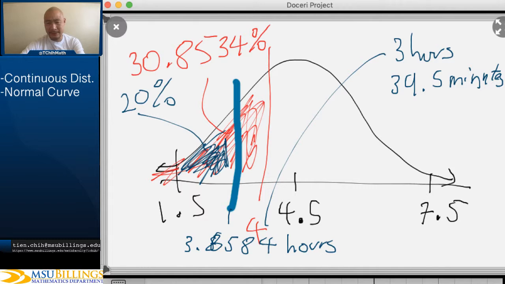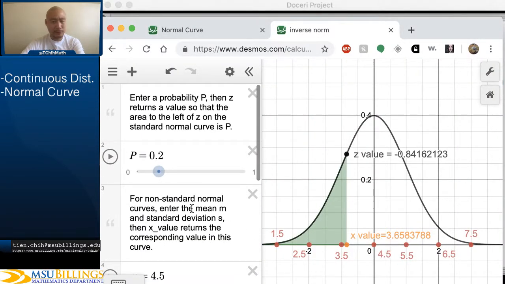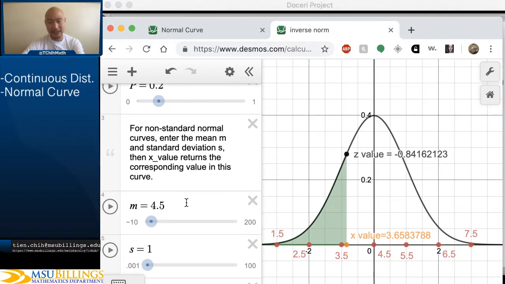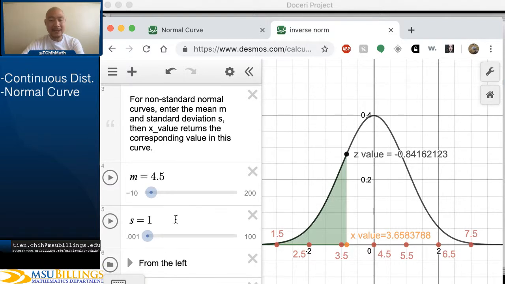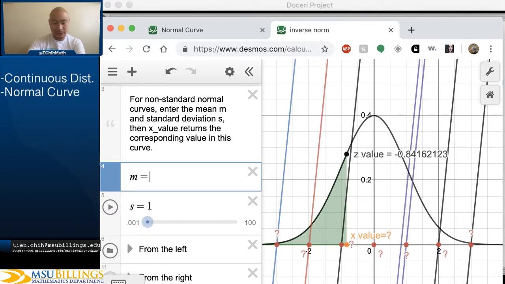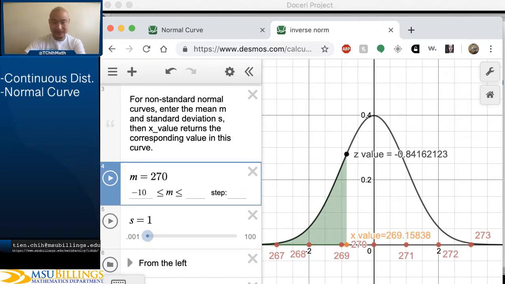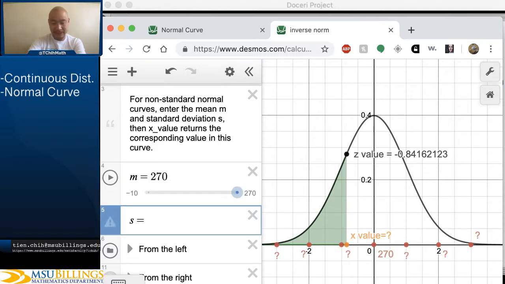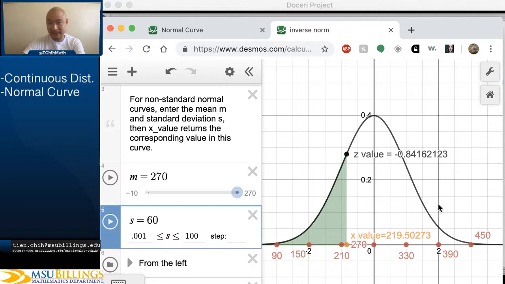And you should note that the normal curve is completely unit agnostic. What I mean by that is instead of doing hours here, I could have happily done minutes, right? 4.5 hours is 270 minutes. Standard deviation 1 hour is 60 minutes.